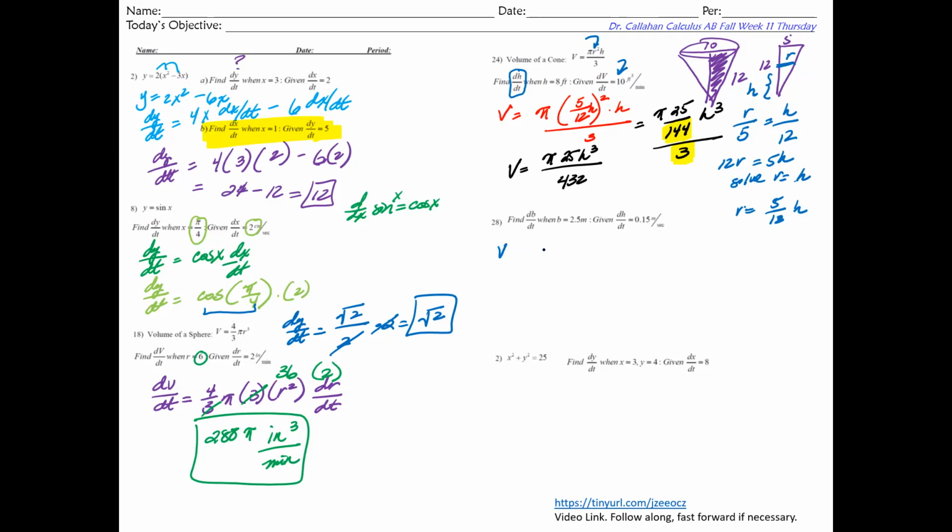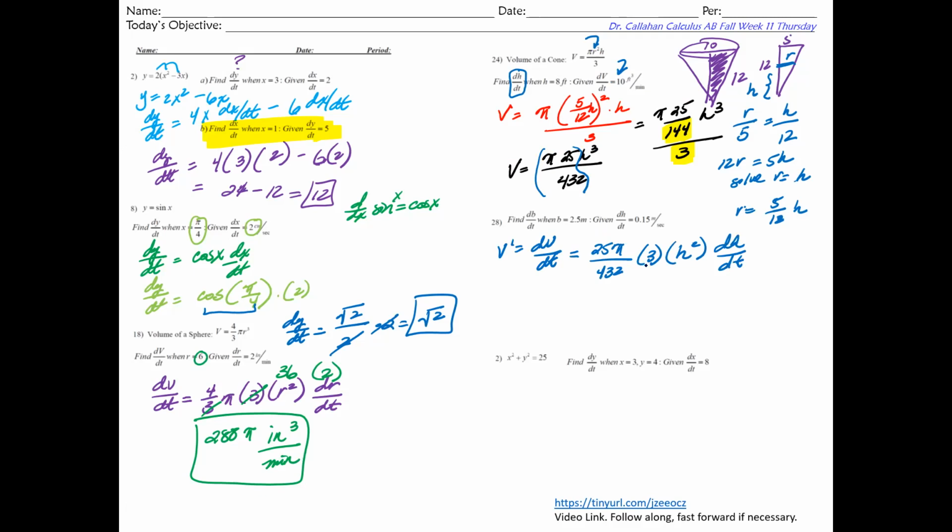So v prime, or dv over dt, is equal to, treat the pi 25 over 432 as a constant. Bring down your 3, apply the power rule, and this is what you have, dh over dt.